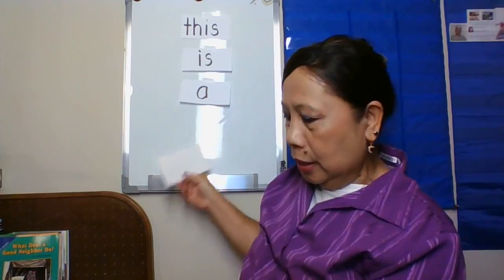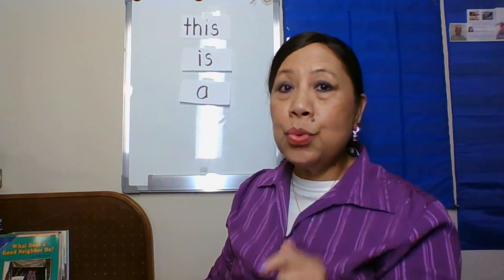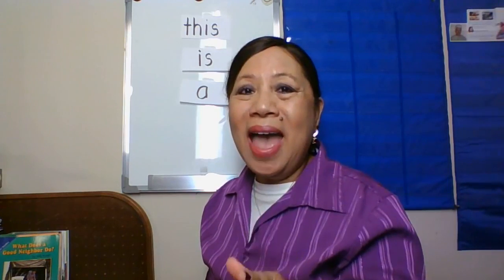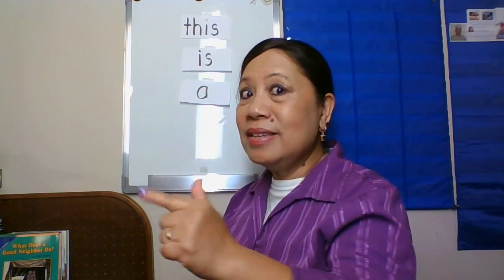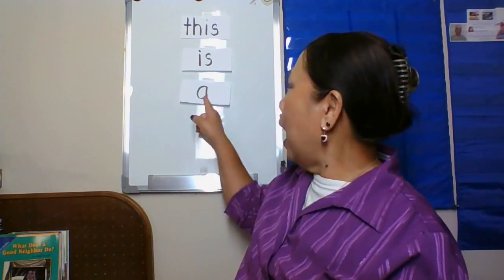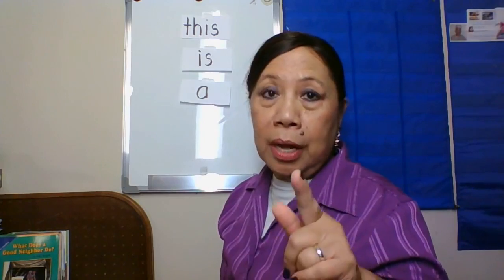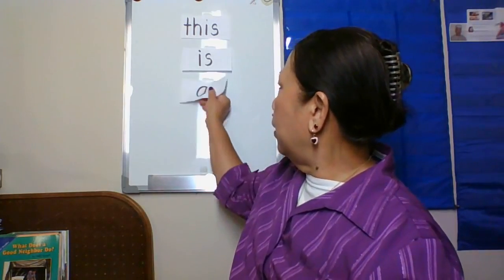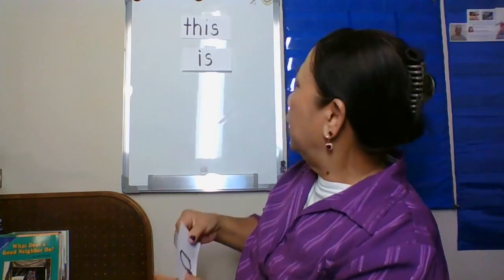Now, let's put all our frequency words in alphabetical order. When you put words in alphabetical order, always start at letter A because your alphabet always begins in letter A, then B, C, D, E, F, G, and all up to Z. So if you have a word that begins with letter A, that letter A will go first up here.